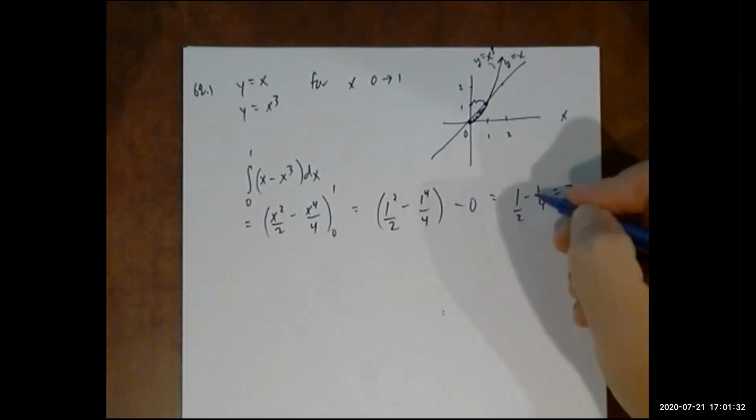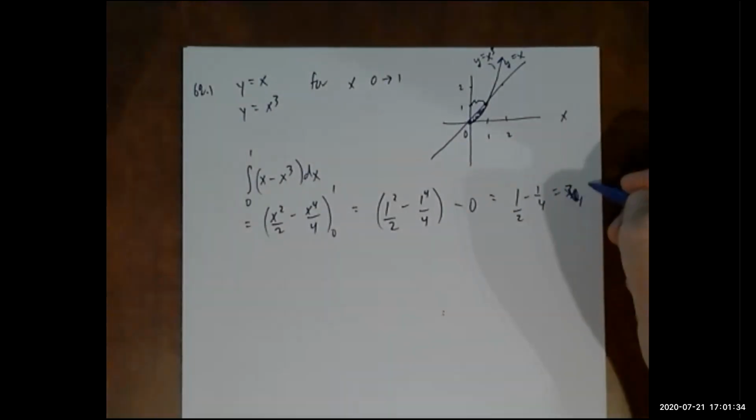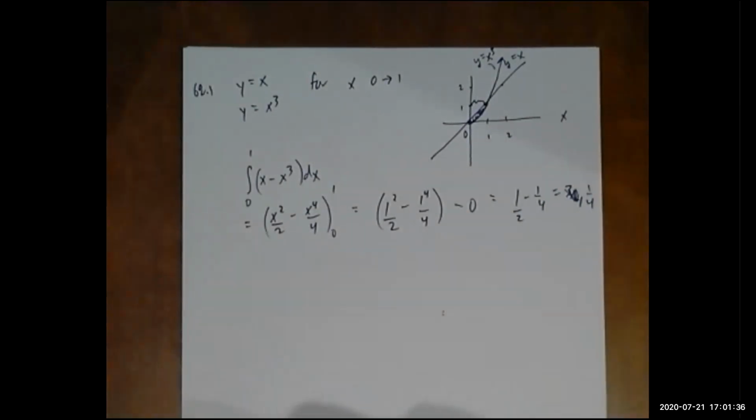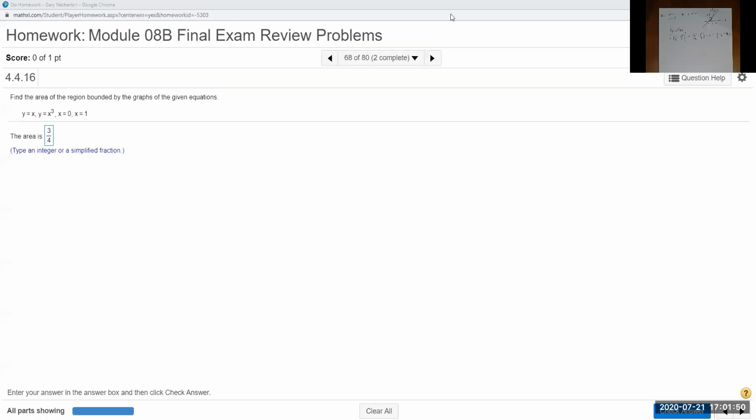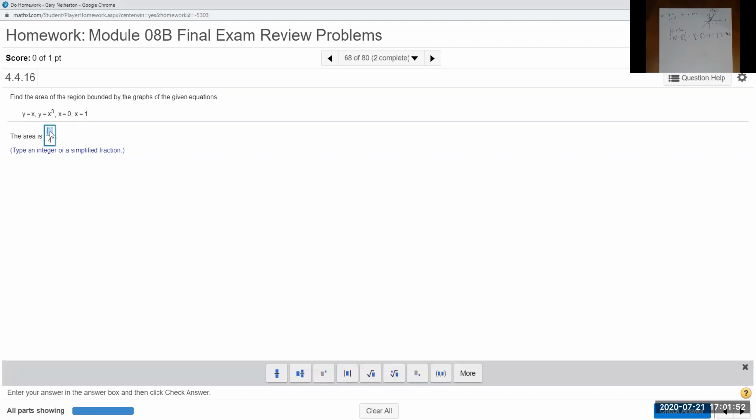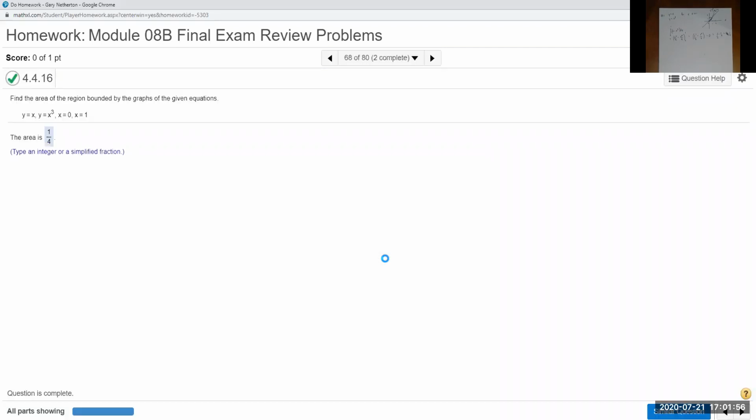This is already 1/2. Sorry about that. 1/4. I guess this just shows you that everyone makes mistakes. You gotta try and be careful. So let's try 1/4. All right.